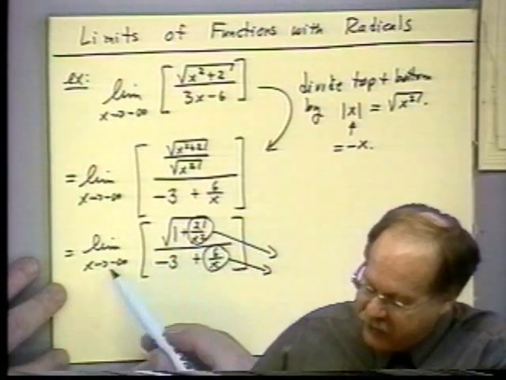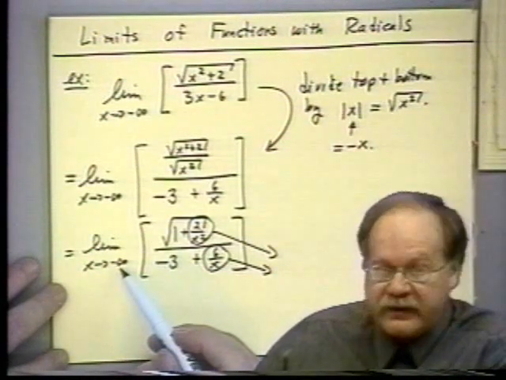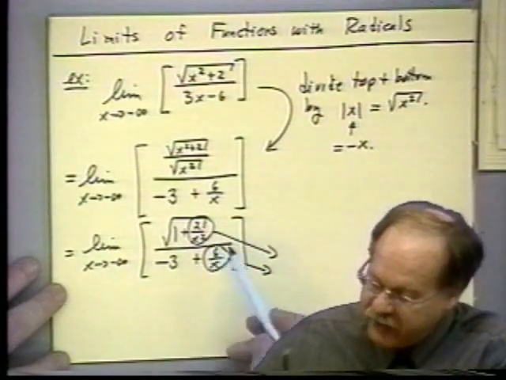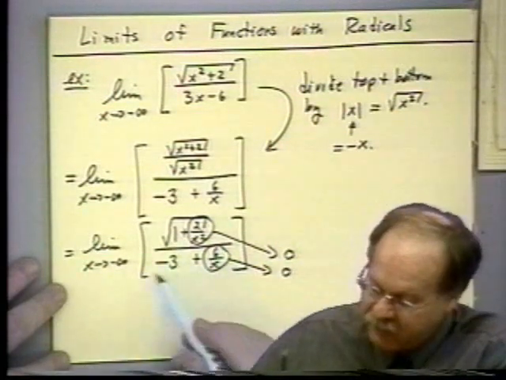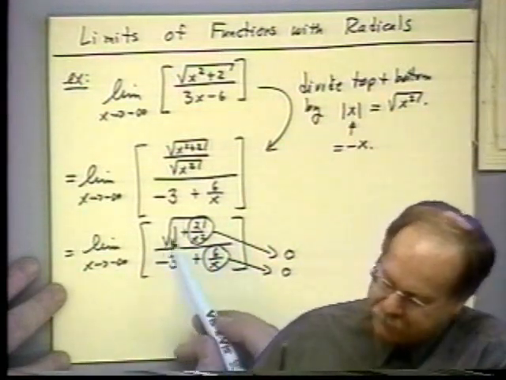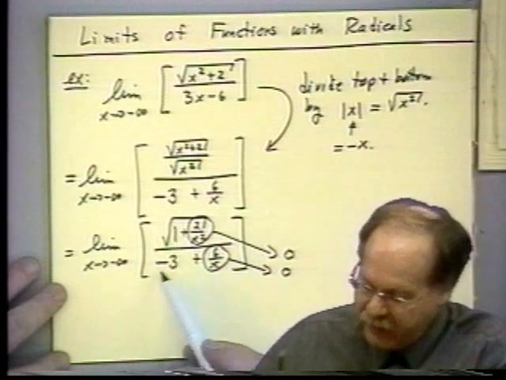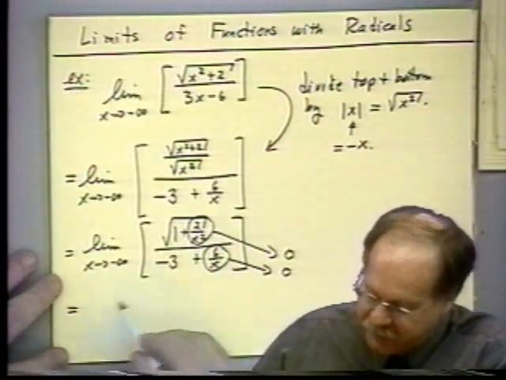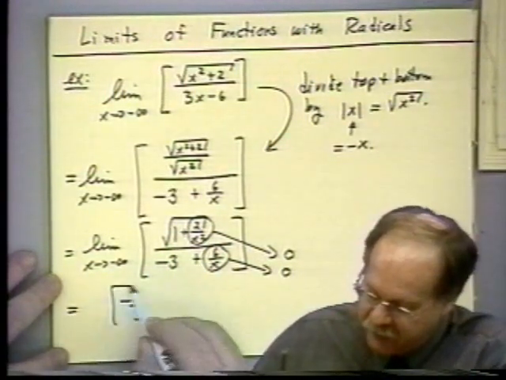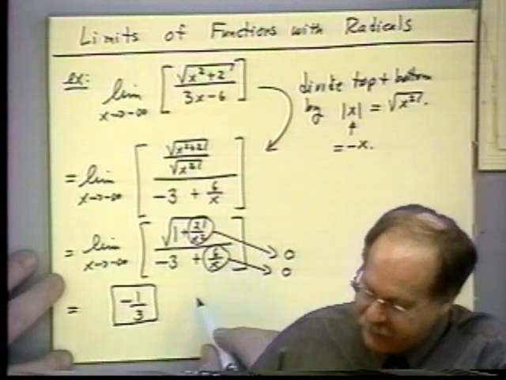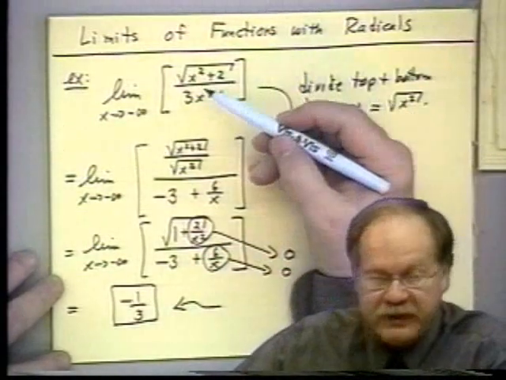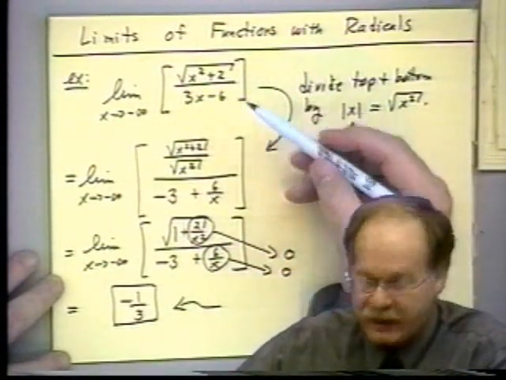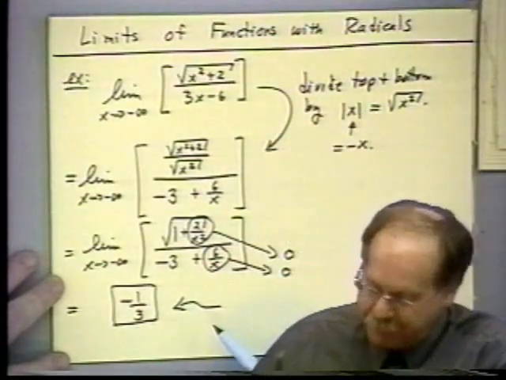If x goes to any one of the infinities, in this case minus infinity, 2 over x squared and 6 over x both go to 0. And I'm left with what? The square root of 1 on top and minus 3 on the bottom, so the final limit is minus 1/3. And again, this can be thought of as a horizontal asymptote to this particular more complicated looking function, but I won't write that out this time.